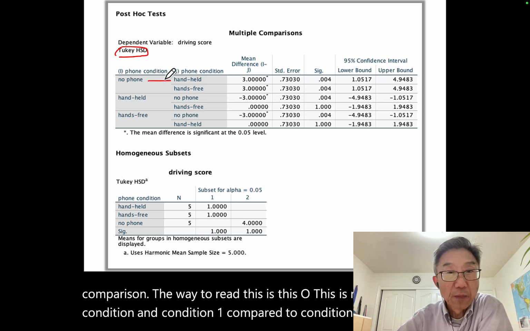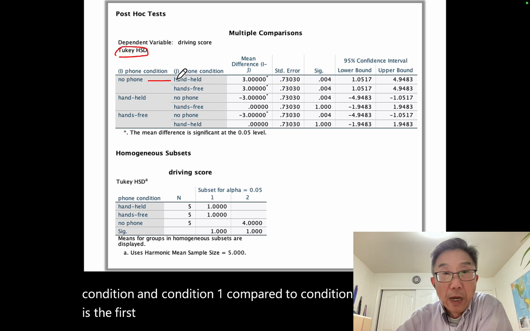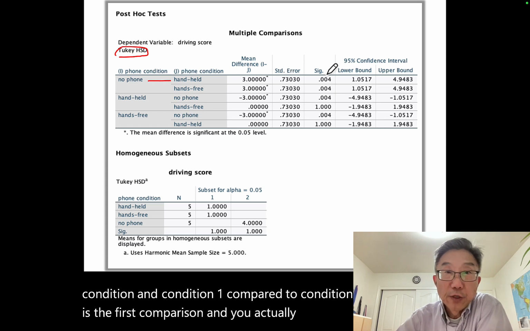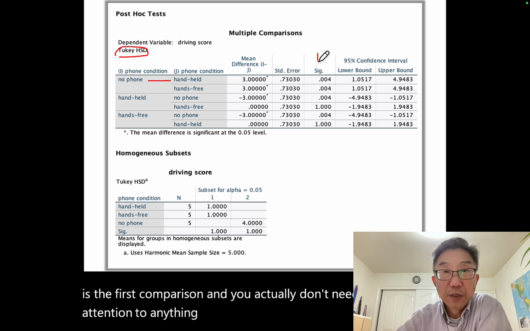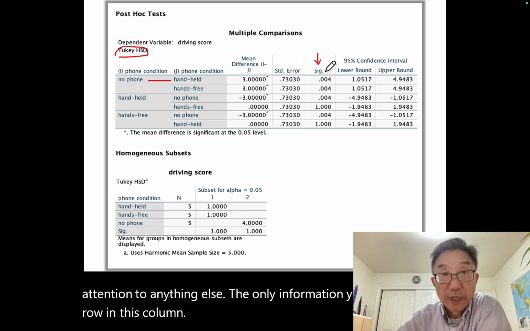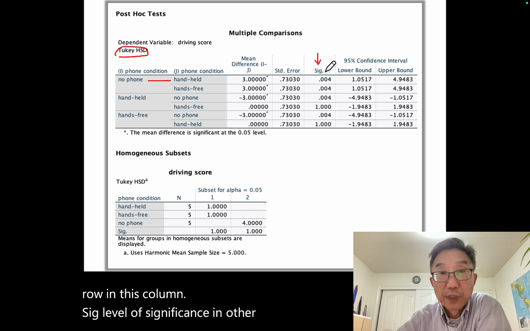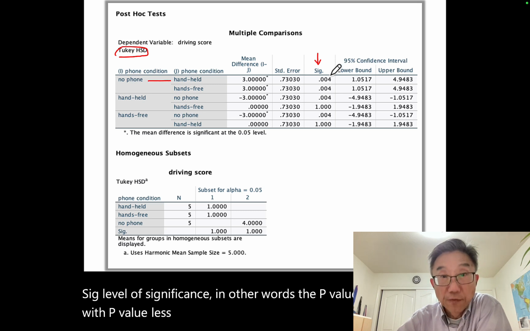So this is the first comparison. And you actually don't need to pay attention to anything else. The only information you need is in this row, in this column, Sig, level of significance. In other words, the p-value. So anything with a p-value less than 0.05 is statistically significant.